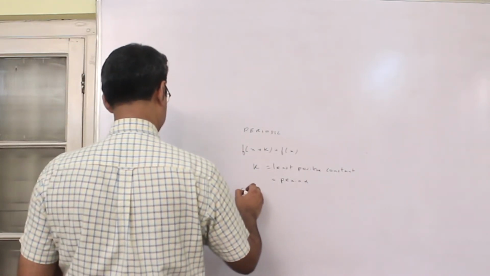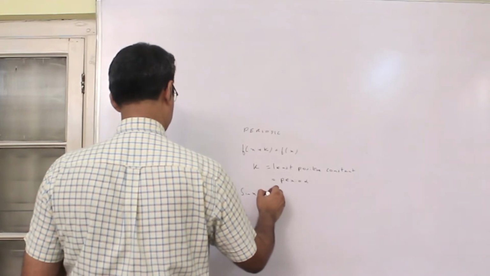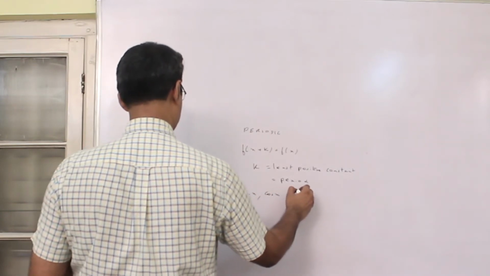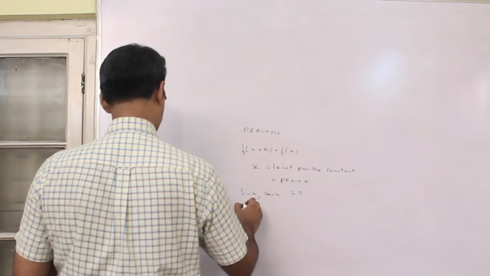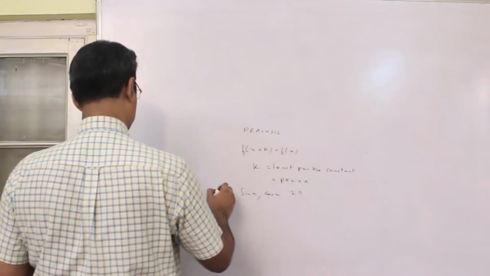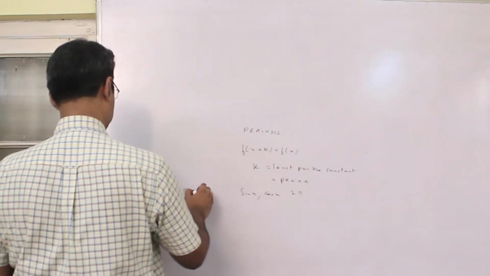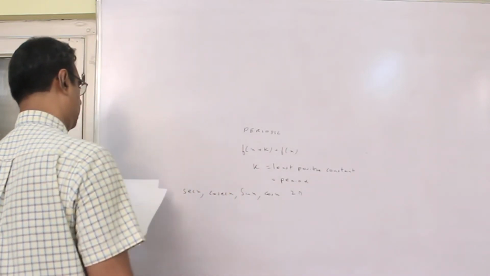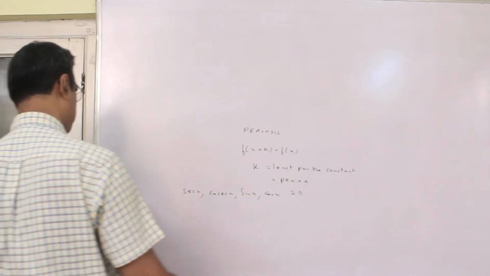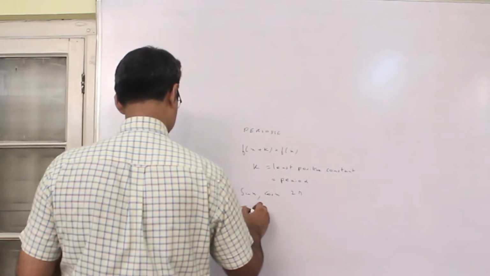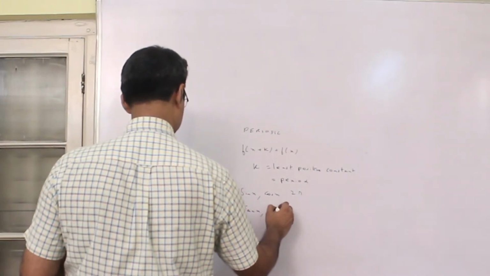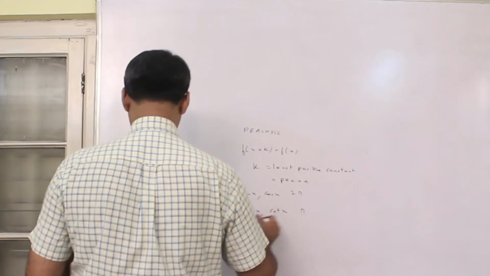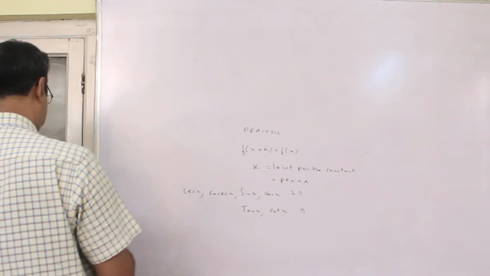For example, the period of sin x and cos x is 2 pi. In fact, the period of sec x and cosec x is also 2 pi. The period of tan and cot is pi.